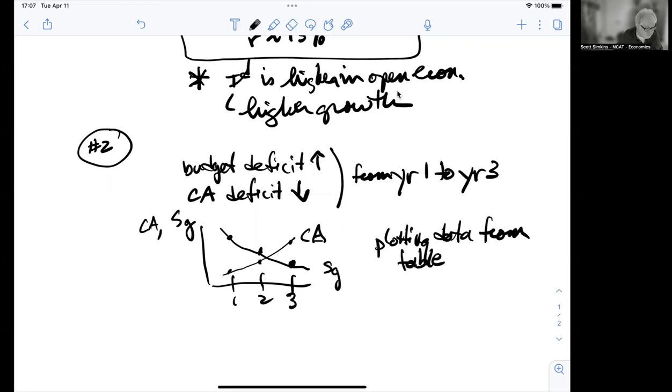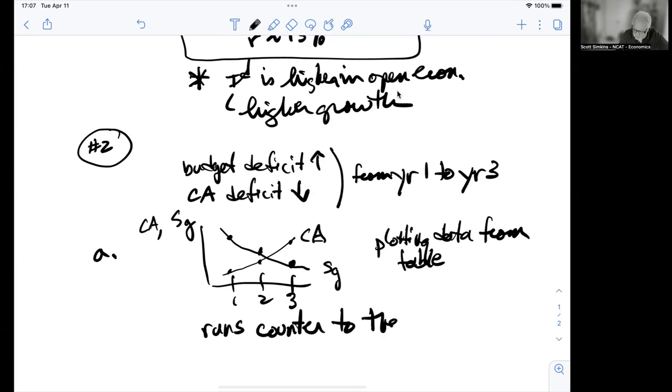And the question in part A of question number 2 is what's happening? Are they moving in opposite or same directions? Do these data support or reject the twin deficits hypothesis? Well, this data runs counter to, rejects, the twin deficits idea or hypothesis.